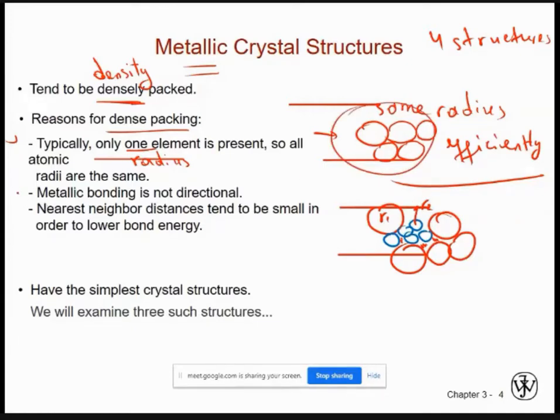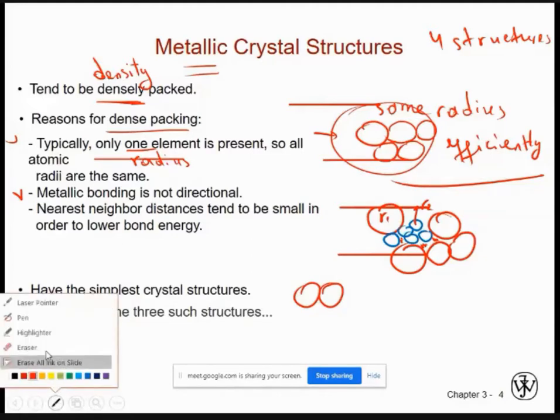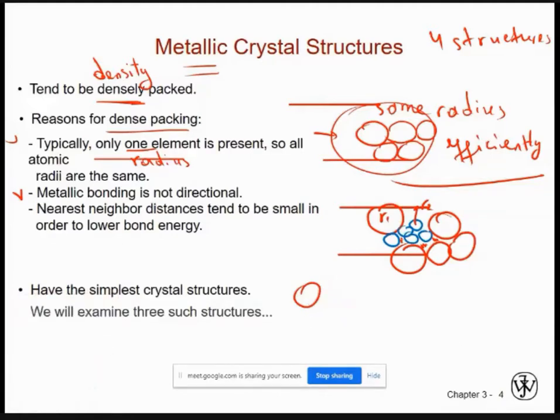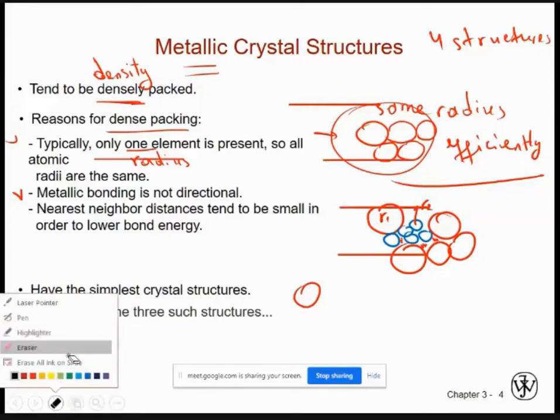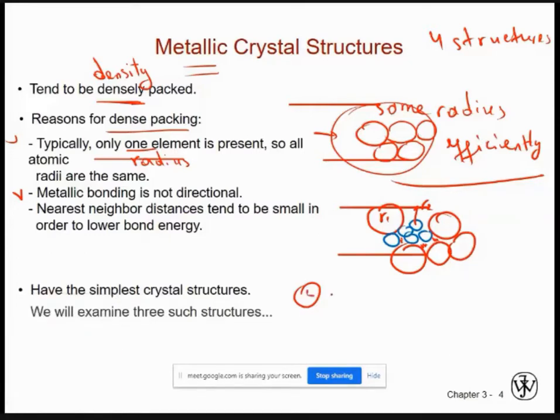The second reason why metals have dense packing is that metallic bonding is not directional. The metals are bonded with metallic bonding. And what is metallic bonding? As a reminder, let's separate them a little bit. We have ion cores, which are positive, over here, and we have free valence electrons in large numbers.